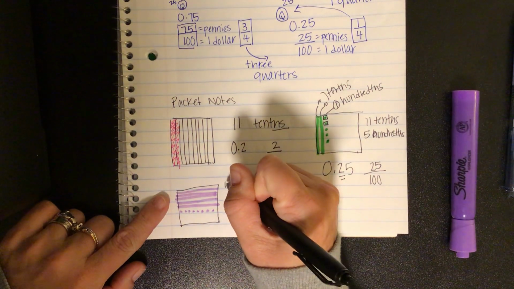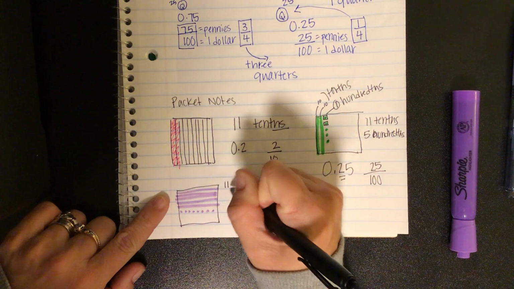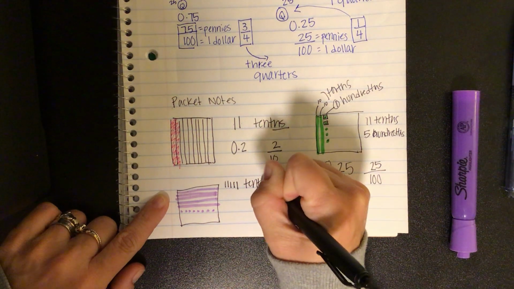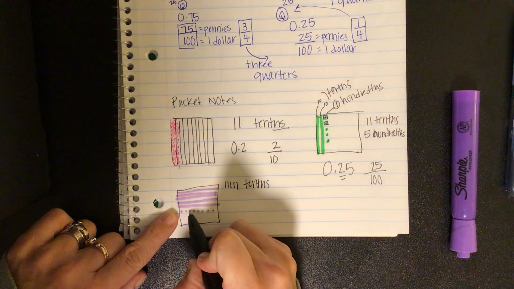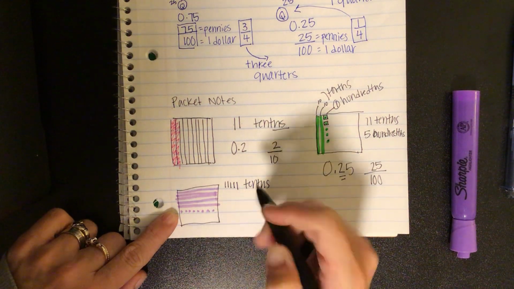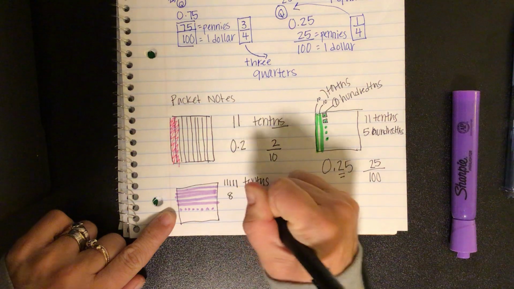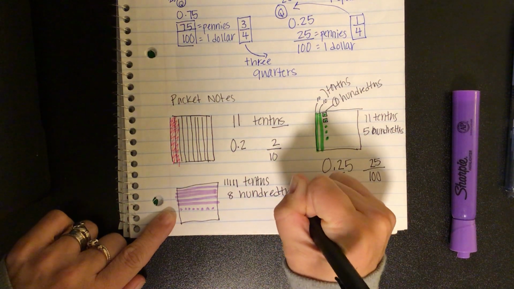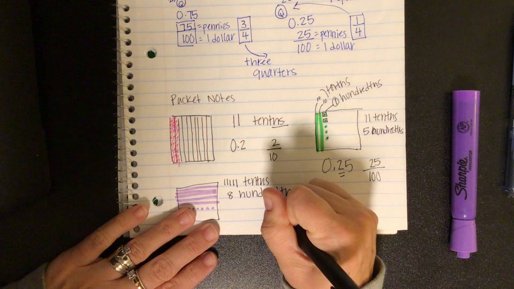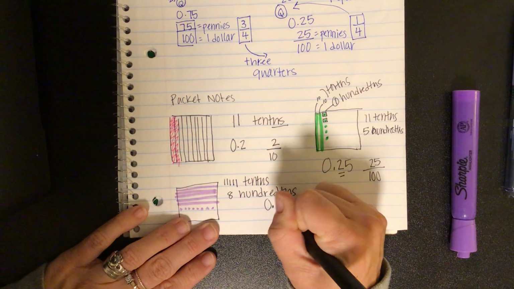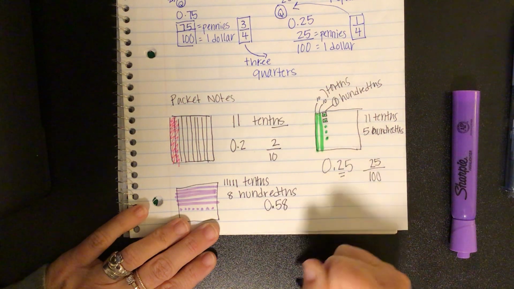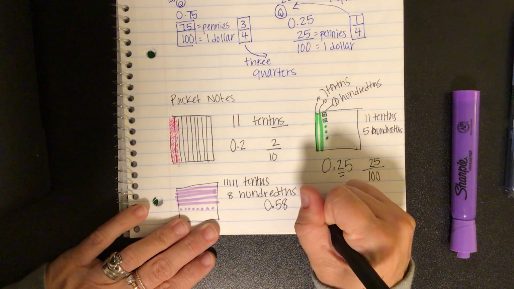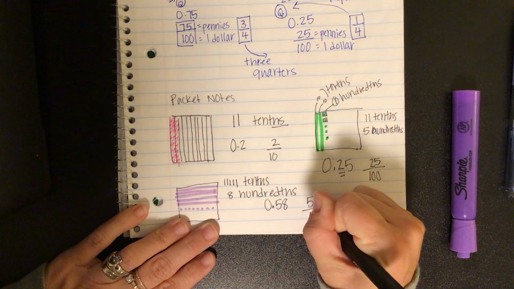So I've got 1, 2, 3, 4, 5 tenths. And I've got 1, 2, 3, 4, 5, 6, 7, 8 hundredths. So I'm going to write that as a decimal as 5 tenths and 8 hundredths. And the way I write it as a fraction is 58 over 100, or 58 hundredths.